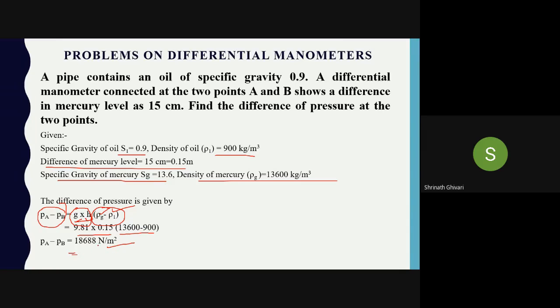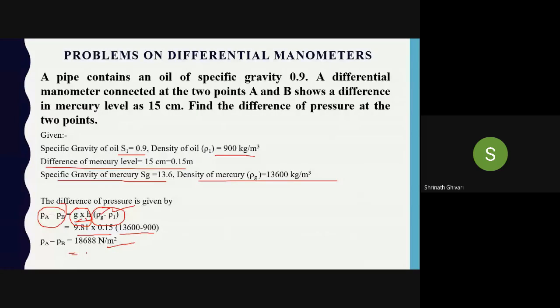Can anyone convert this into Newton per centimeter square and tell me the answer? Divided by 100. Anyone else? 186.8. Anyone else? Sir, into 100.